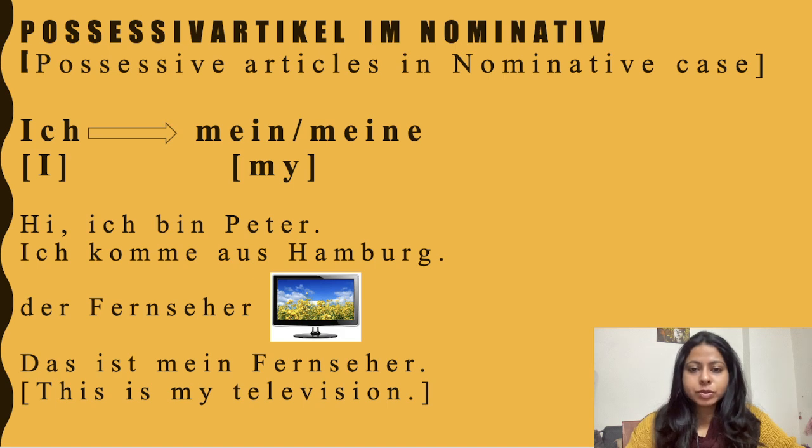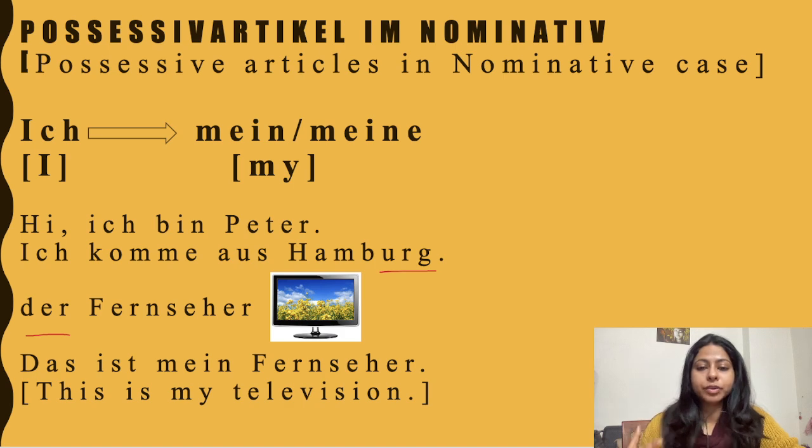Ich komme aus Hamburg. Now, what is the article of Fernseher? Fernseher means TV. The article is der. So, das ist mein Fernseher. This is my television. So, whenever the article of the noun is der, in this case, der Fernseher is the noun, you will use the possessive pronoun as mein.